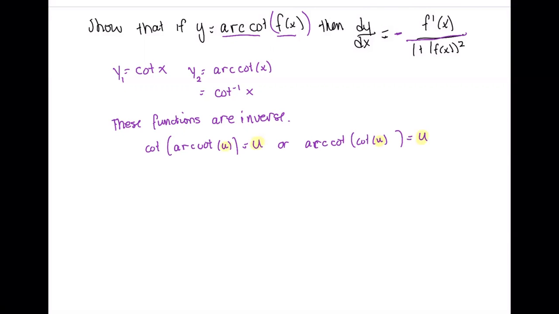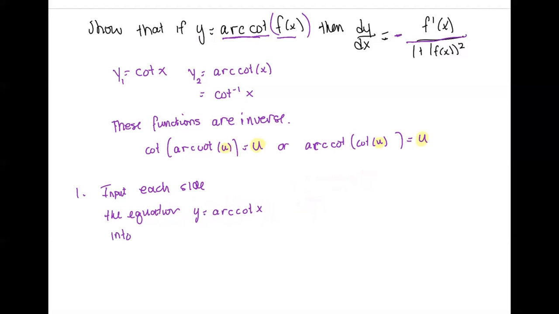Okay, so in this situation, since I have an arccotangent, the first thing I would do is input each side of the equation, y equals arccotangent of x. Sorry, I said make each side, but I meant input.